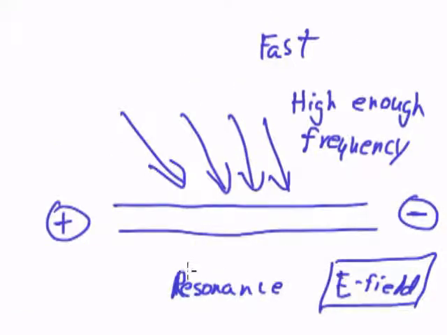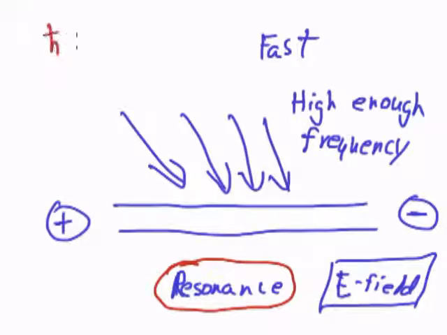But I think it's also a good idea to look for an explanation, although I haven't found it, based on resonance, that somehow the frequency of the atom and the frequency of the light has to match somehow in order to get it to respond.